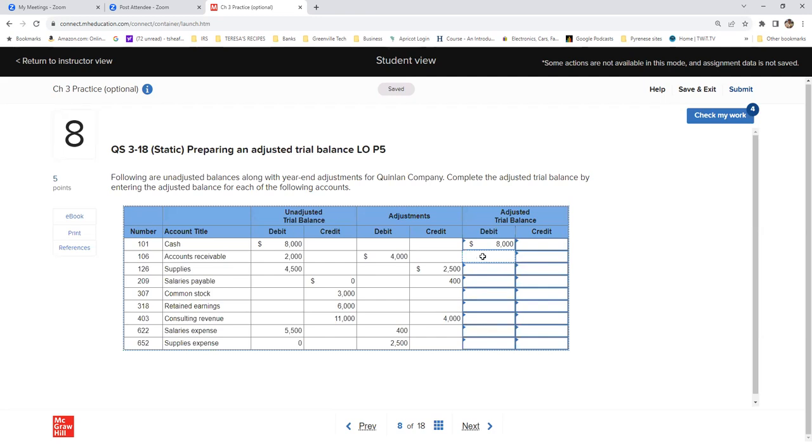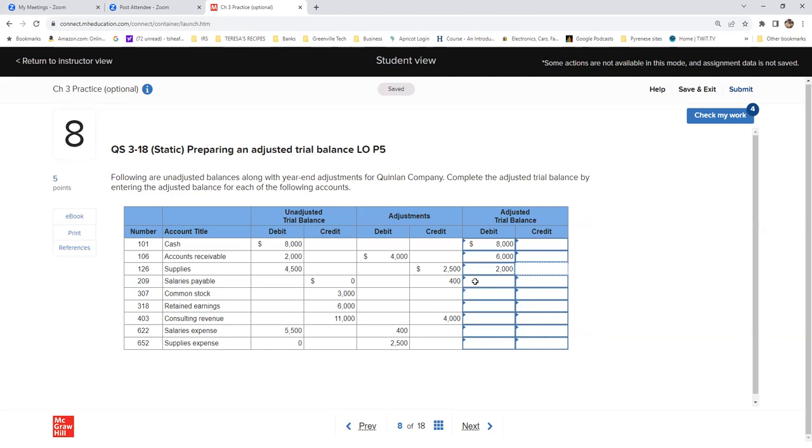There's a beginning balance, and there's adjustments, so that's going to be 6,000 is the new balance in the debit column. Next one is supplies. We have a debit balance of 4,500, and then we have an adjustment in the credit column of 2,500. So new balance is going to be $2,000.